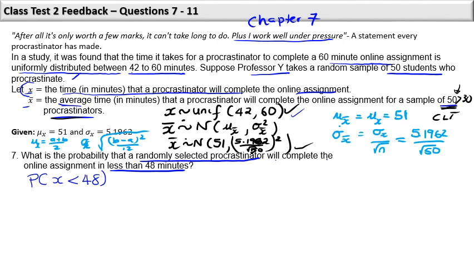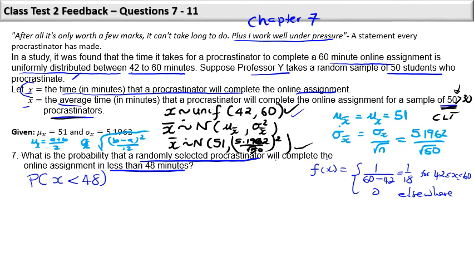So how did we do this for a uniform distribution? You went and found your f of x. And what is your f of x for a uniform? It is a piecewise function defined as 1 over the maximum 60 minus 42, which is 1 over 18 for your x values between 42 and 60. And then it is 0 elsewhere.